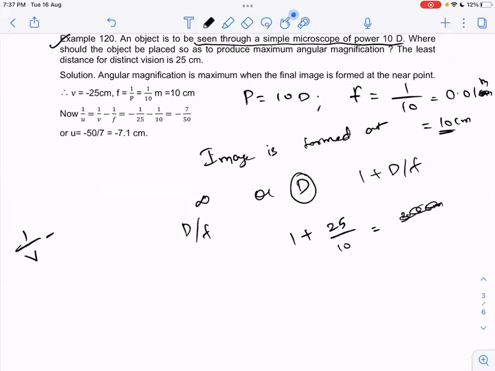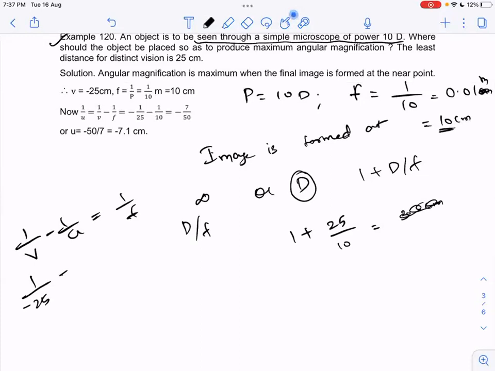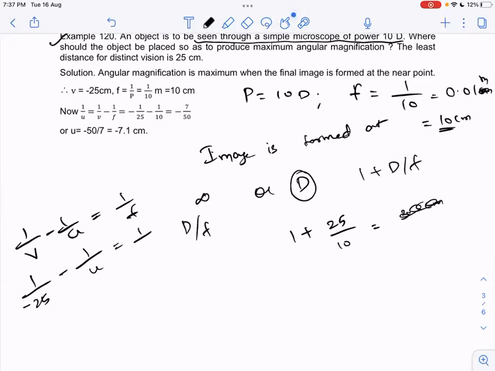Object distance: 1 by V minus 1 by U is equal to 1 by F. So V in this case is minus 25. Here I need to use sign convention. In the magnification formula you will not use it, but in the mirror formula you need to use it. Minus 1 by 25 minus 1 by U, where U is what you need to find, is equal to 1 by F. F is plus 10.